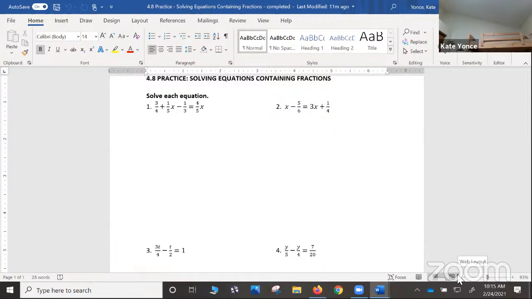33, 36, 39, 42, 45. 32, 36, 40, 44, 48, 52.